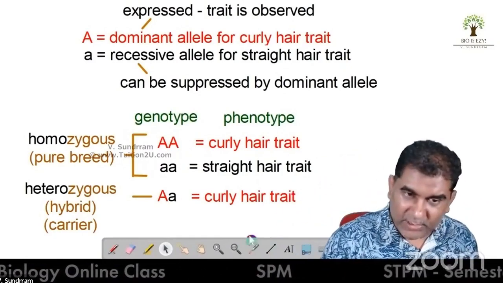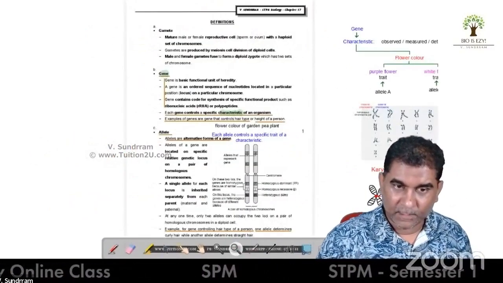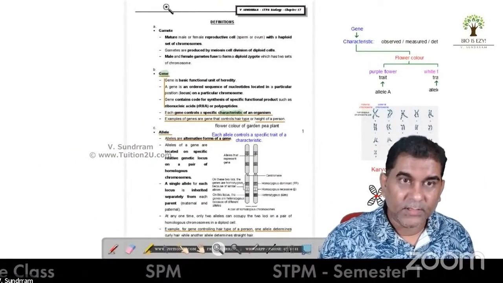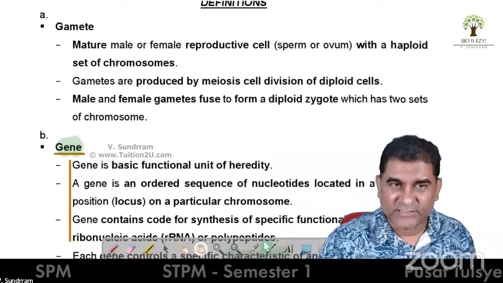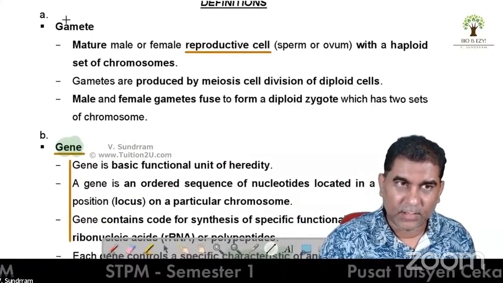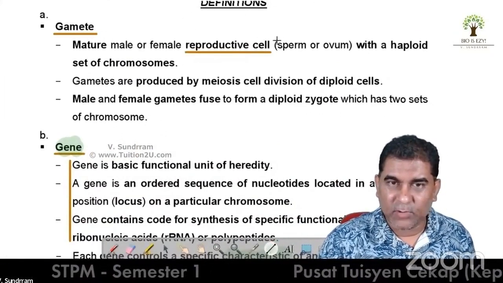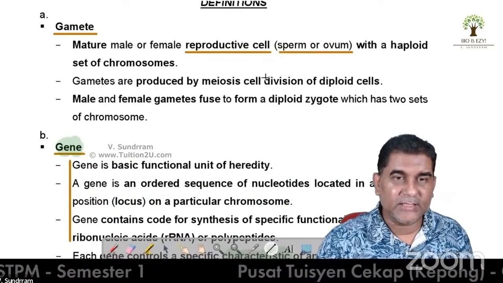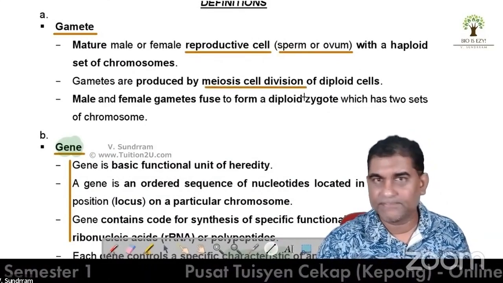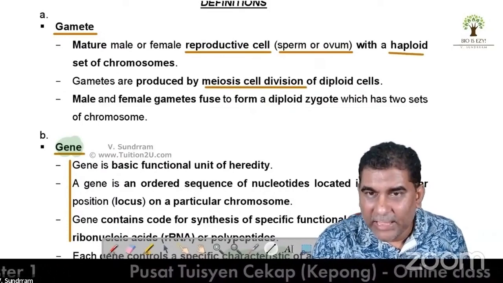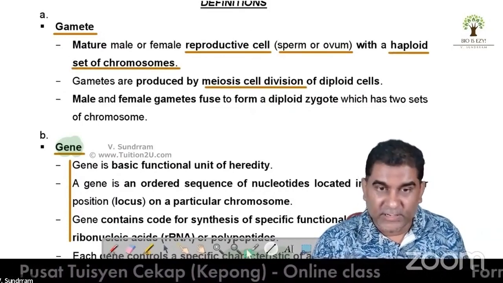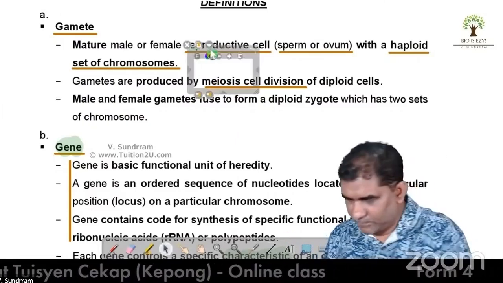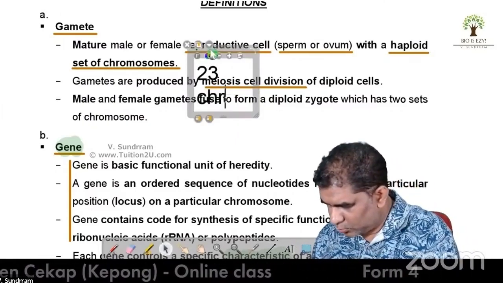If I go back to my notes, gametes are basically reproductive cells. It's either sperm or ovum. They are produced by meiosis, cell division. They have a haploid set of chromosomes, which for humans is 23 chromosomes.